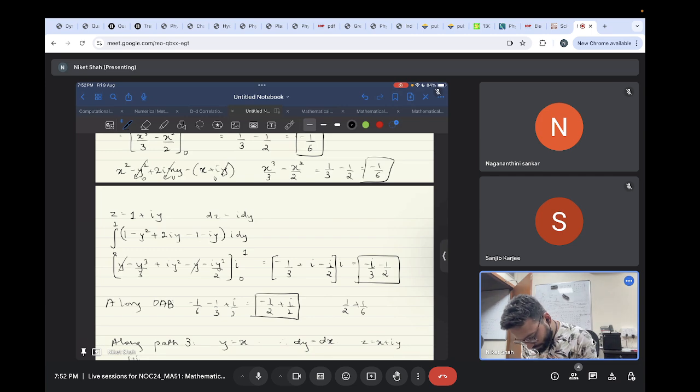What is it? 6 plus 2, 8 divided by 12, which is 2 by 3. Perfect. So now my answer becomes minus 1 by 6 minus i by 3 minus 1 by 2 is equal to minus 2 by 3 minus i by 3.